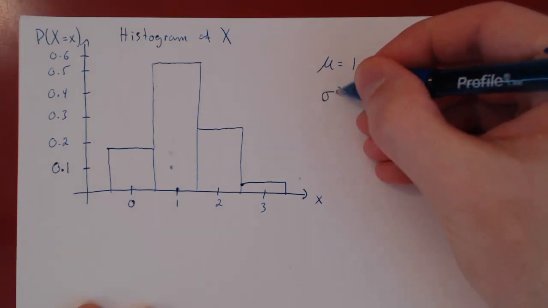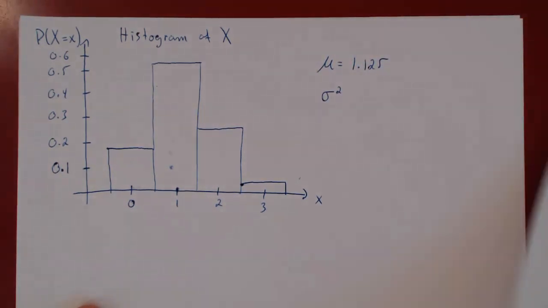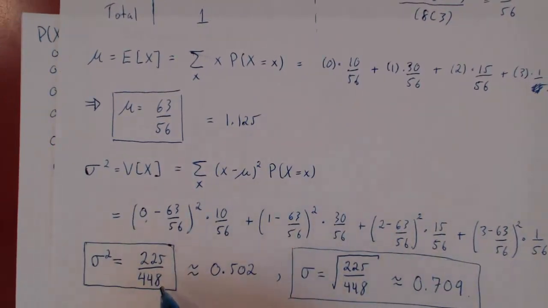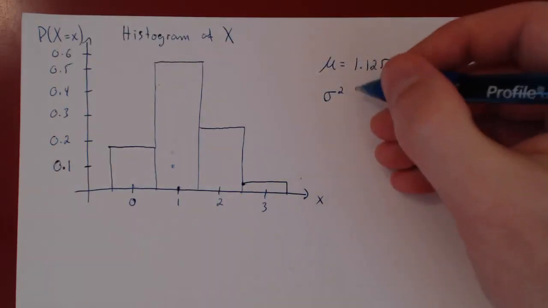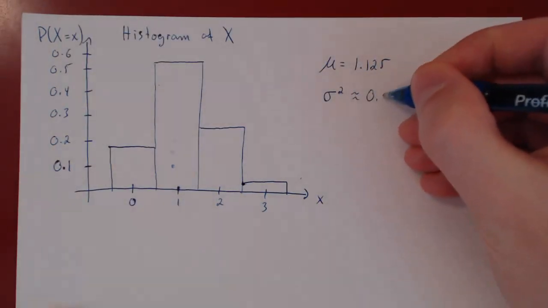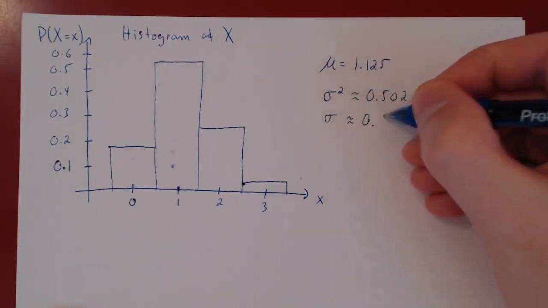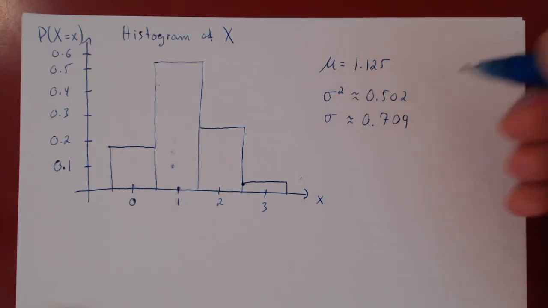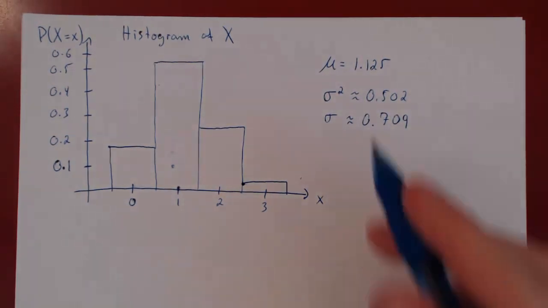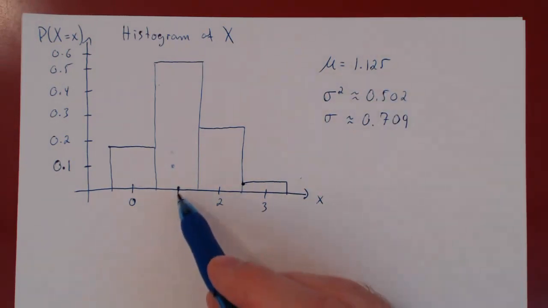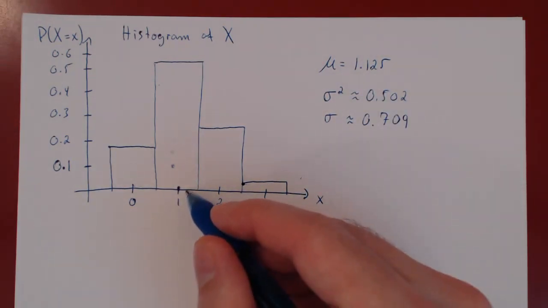The variance was exactly 225 over 448, which is about 0.502. And the deviation was roughly 0.709. So if you look at the mean, about 1.125, and you see it's about here.